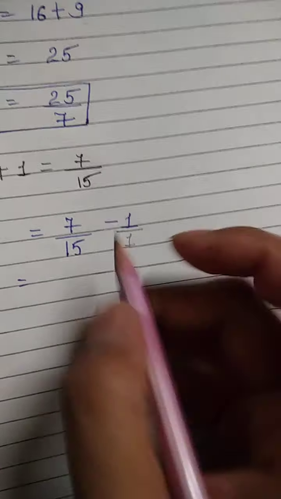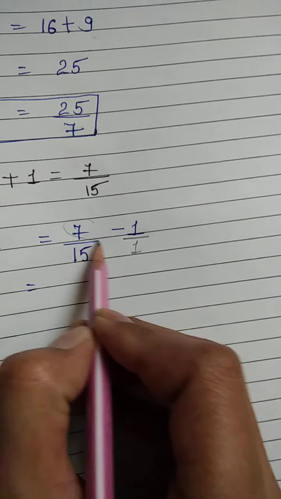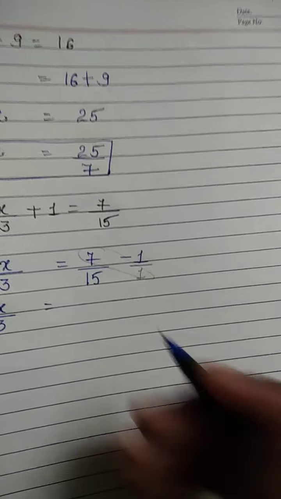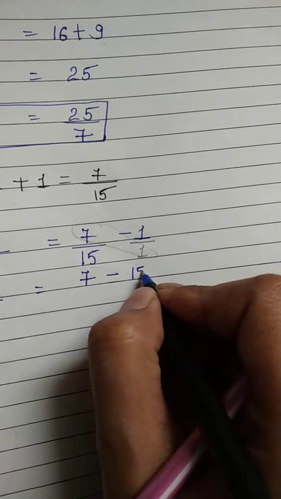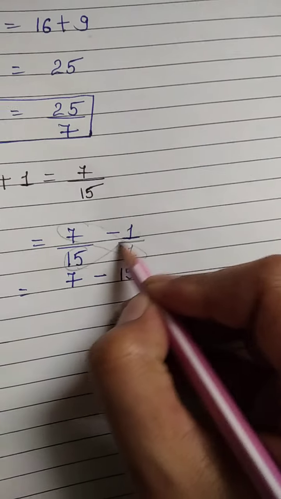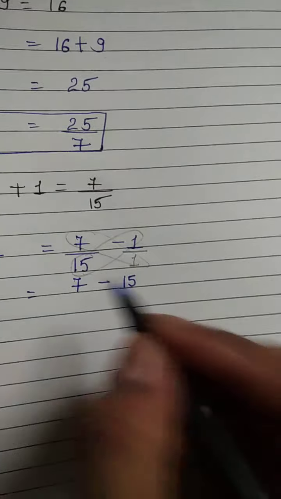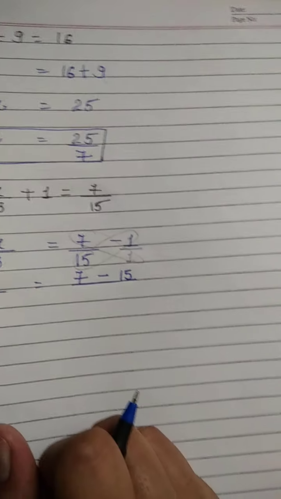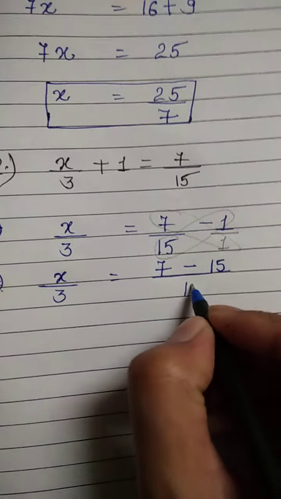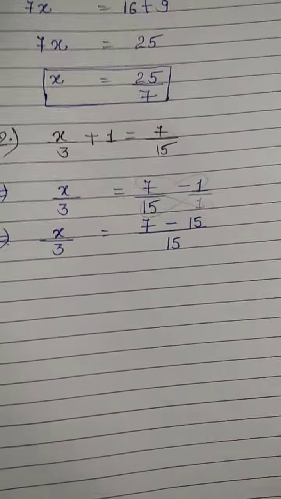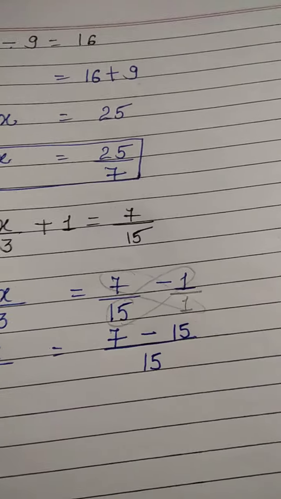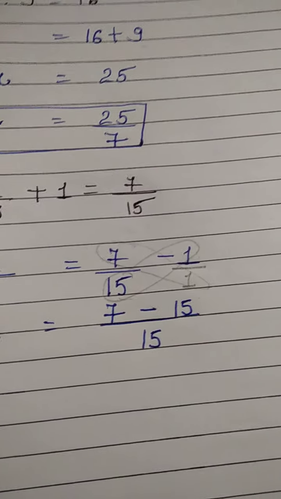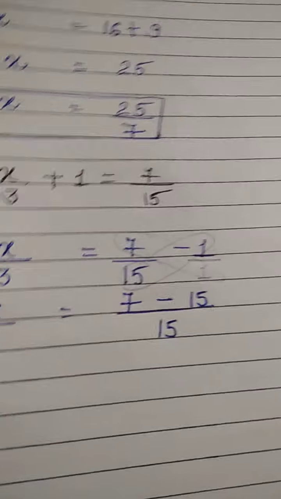Firstly we will multiply 7 by 1. What is the answer? Here 7 minus 15 1s is 15, and on the denominator side, denominator will be multiplied by denominator, so it will come as 15. 7 multiplied by 1, and 15 multiplied by 1, so it will come as 7 minus 15 by 15.